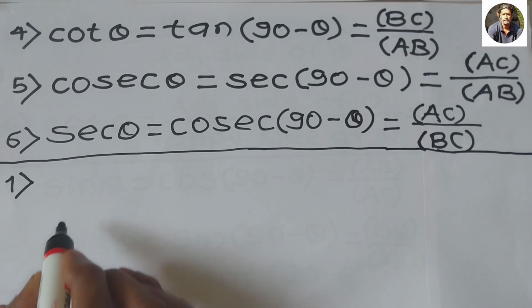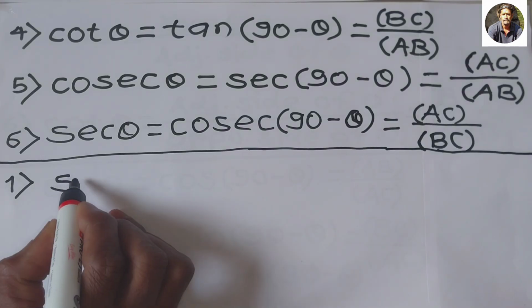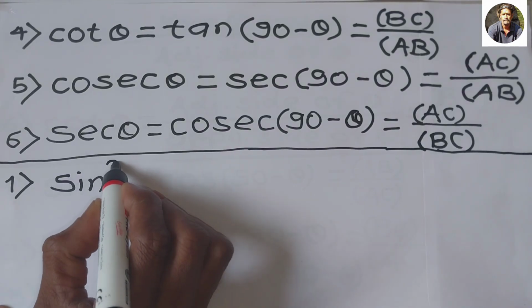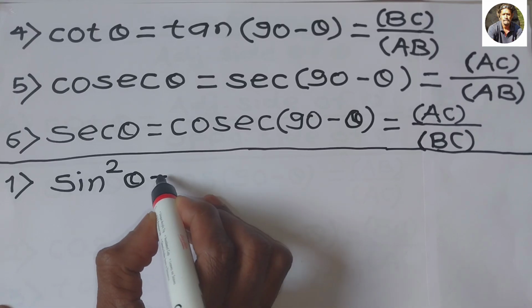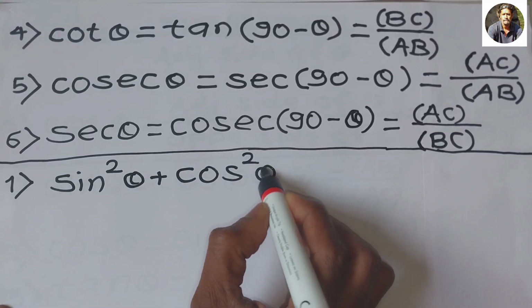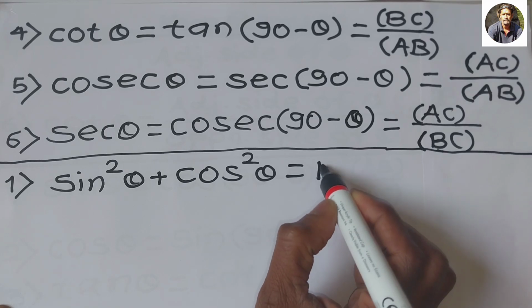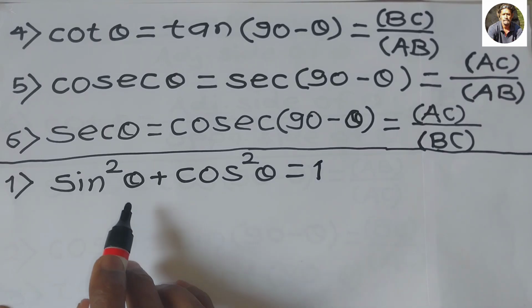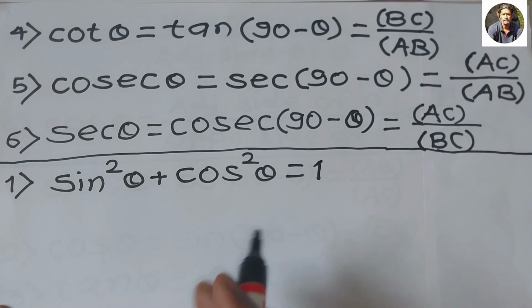We say the identity, that is sin²θ plus cos²θ is equal to 1. Now this identity we reduce into another two formulae.